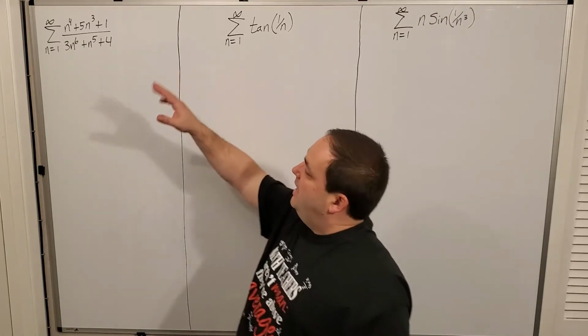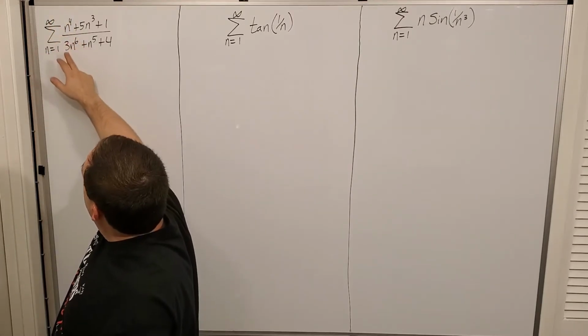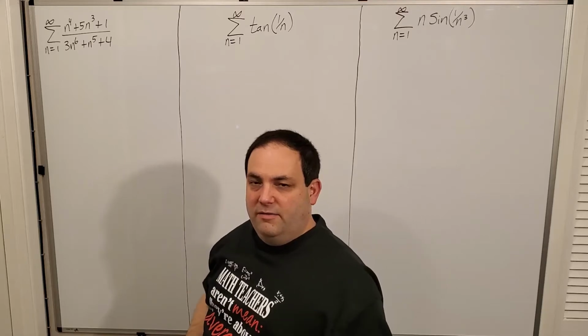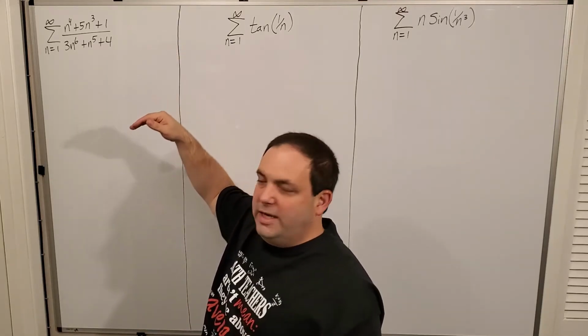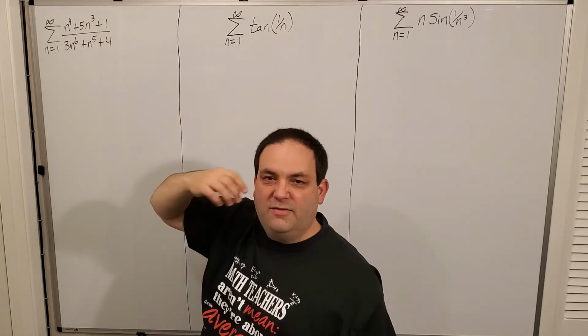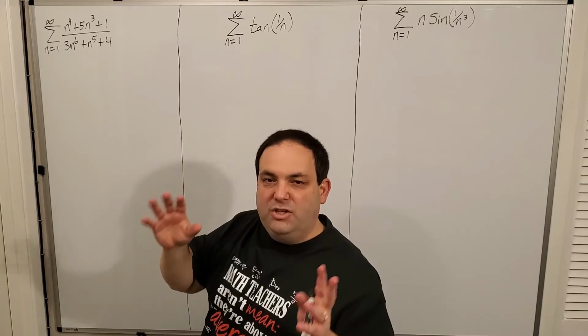I'm just going to look at the exponents. I can see that n to the fourth is the top and n to the sixth is the denominator. So that gives me the feeling that it's like a 1 over n squared, right? Because think about that, 4 minus 6 is negative 2. So it'd be like 1 over n to the 2-ish.